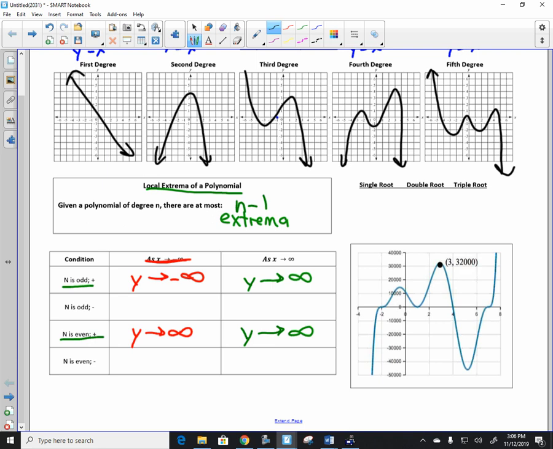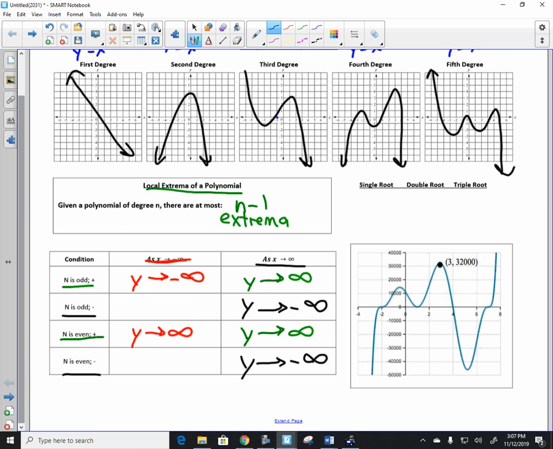And if you look at it, they all finish going down. So as x goes towards positive infinity, if n is odd and negative, then y will also go towards negative infinity. If n is even and it's negative, y will go towards negative infinity.